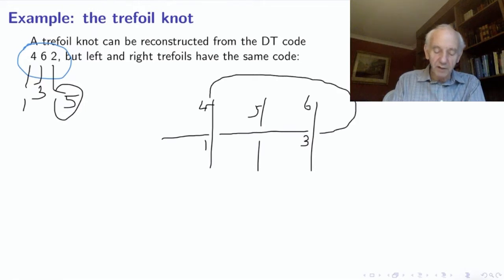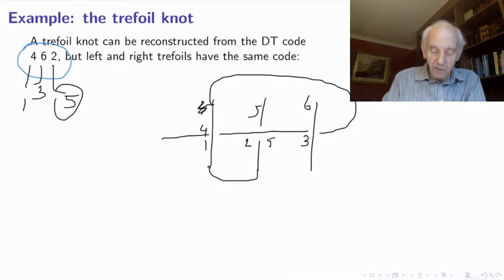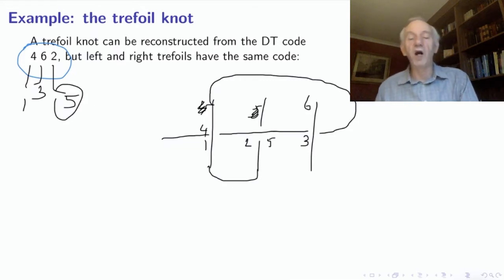But I prefer to put the 4 down here, so it's in the correct position. So 3 goes to 4. And after 4 we have 5, but the only way I can manage that is to connect these two. And the 5 ought to go there really, because I always like it on the right as I arrive.